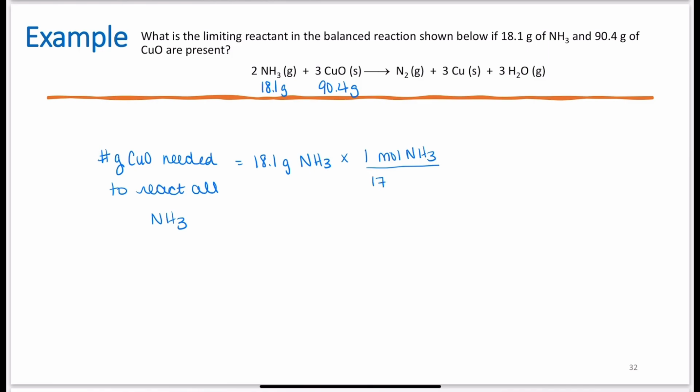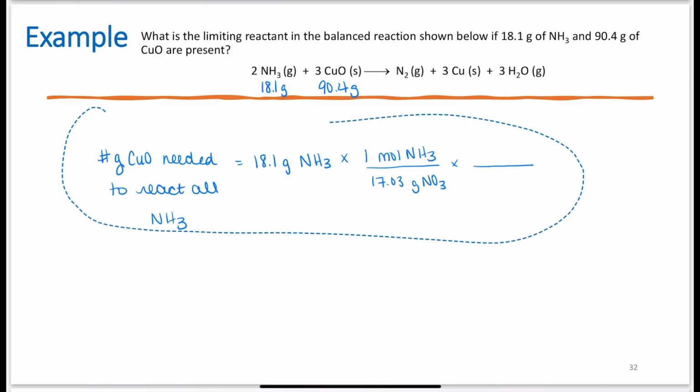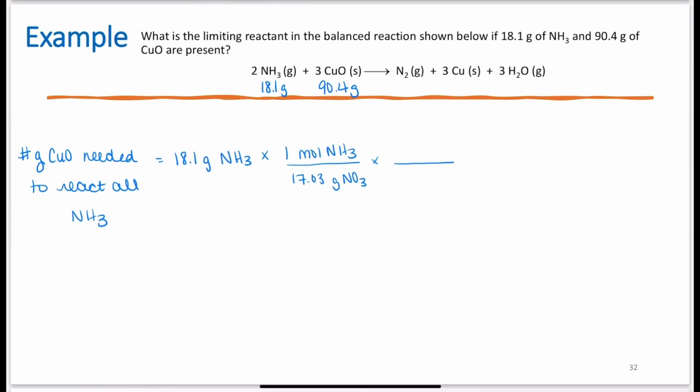Because I have more than enough magnesium to react all of my I2, magnesium is my excess reactant. I2 is my limiting reactant. So to find out the grams of magnesium iodide that I can actually produce, I'm going to use my grams of I2 because that is my limiting reactant.